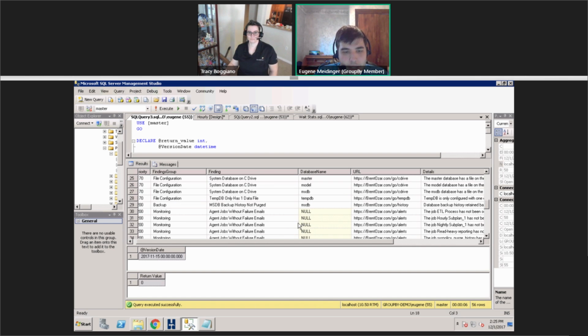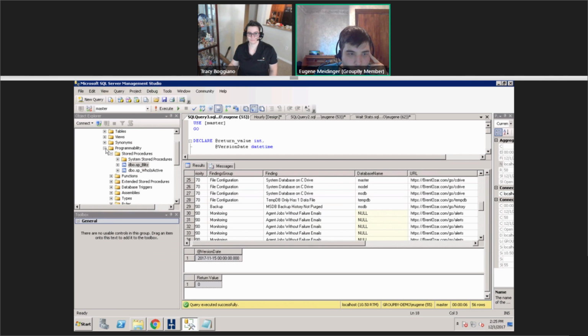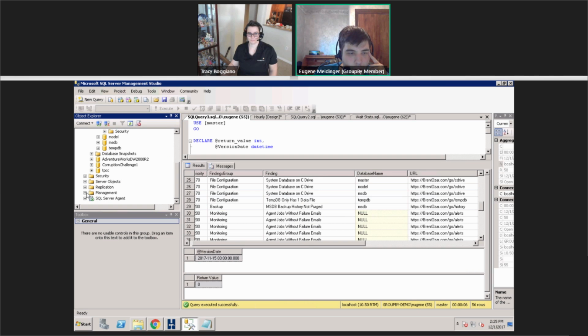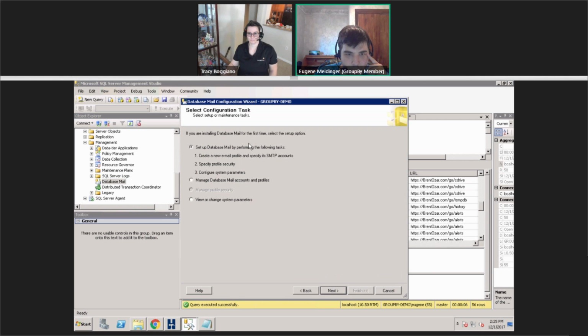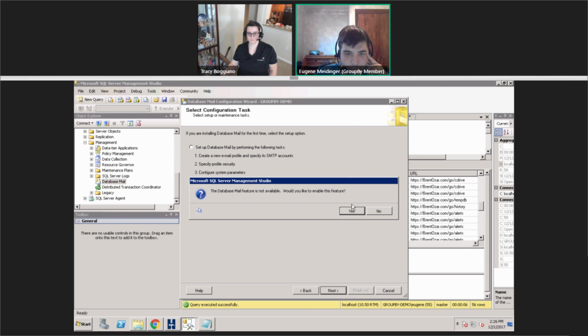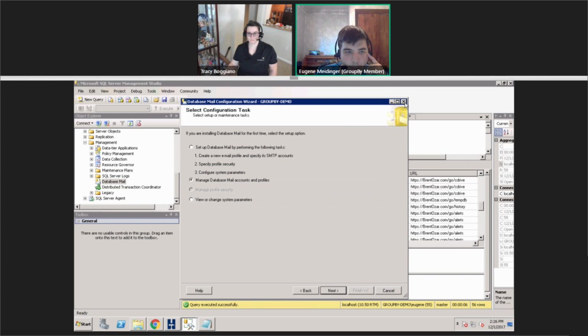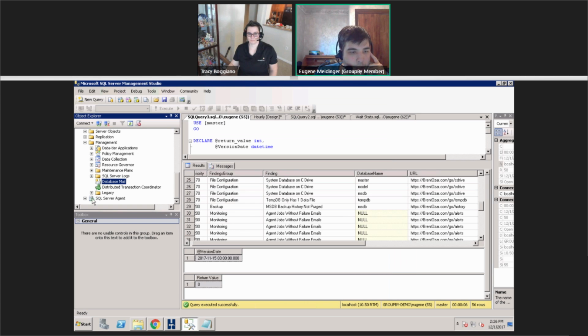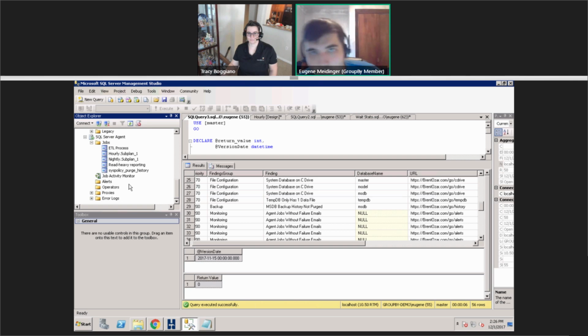Oh, see, this is useful because something that I forgot was setting up emails. Right now, if we take a look, we haven't set anything up in terms of Database Mail. It's not even turned on at the moment. In addition, if I go to SQL Server Agent, there are no alerts set up, no operators, none of that sort of stuff.